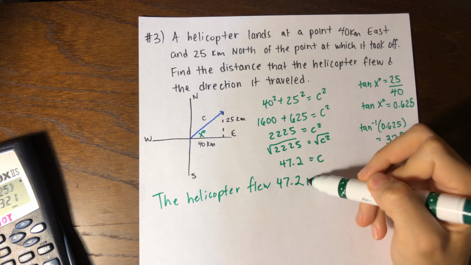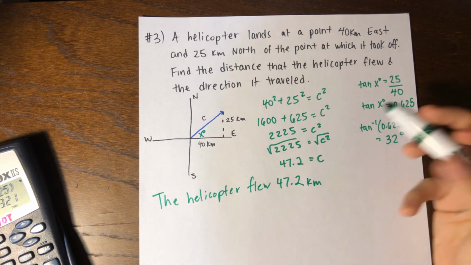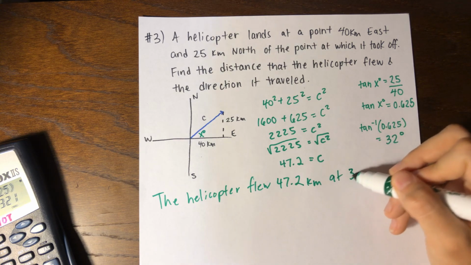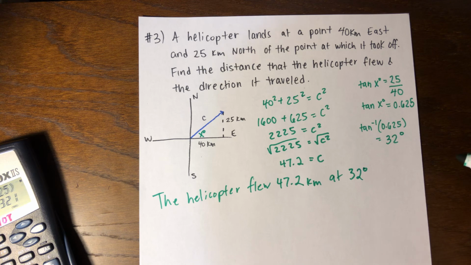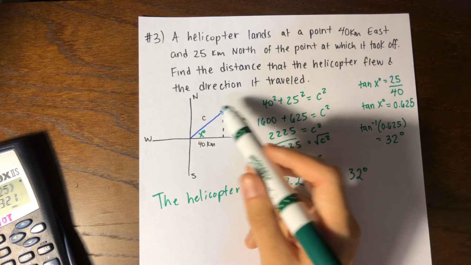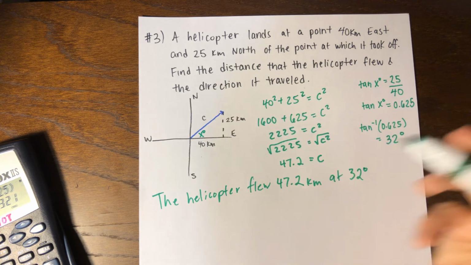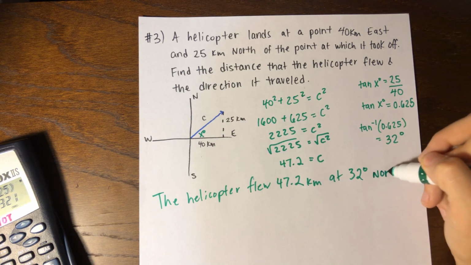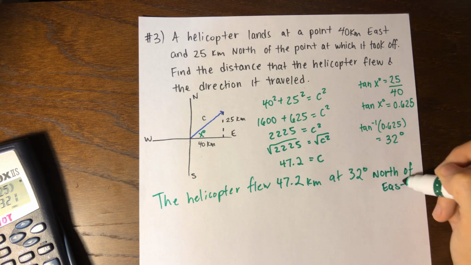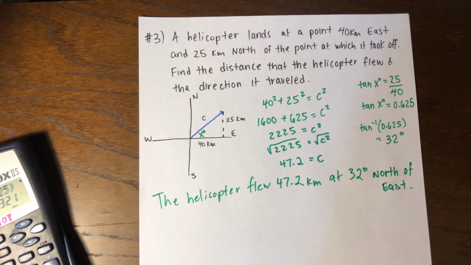So we were at 47.2 kilometers at, what was our degree? 32 degrees. And then what was the direction? We went north of east, right? We went from here to here, so we went north of east. Okay? That's it.